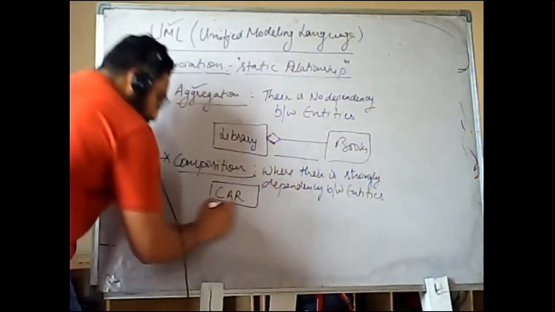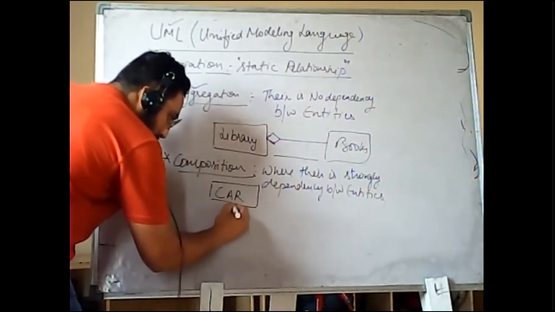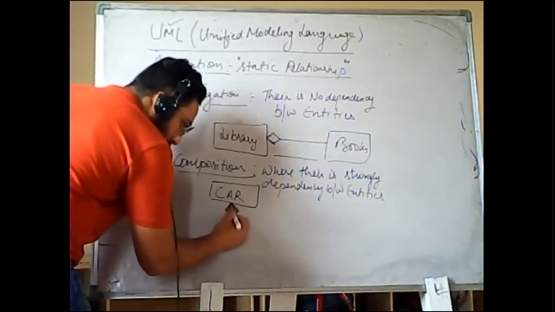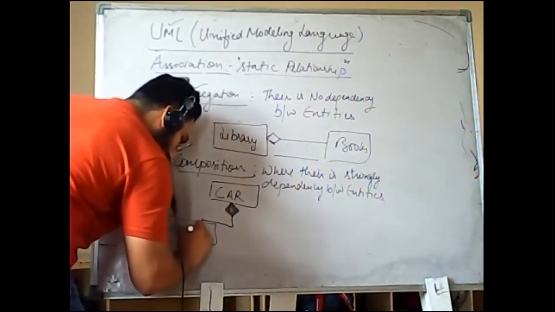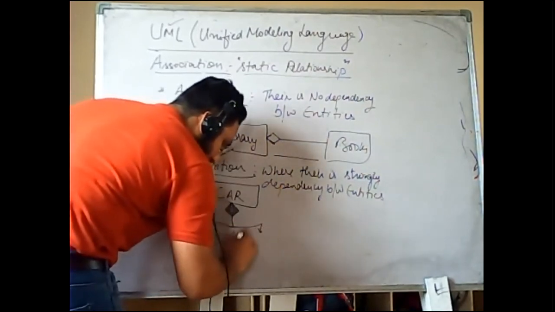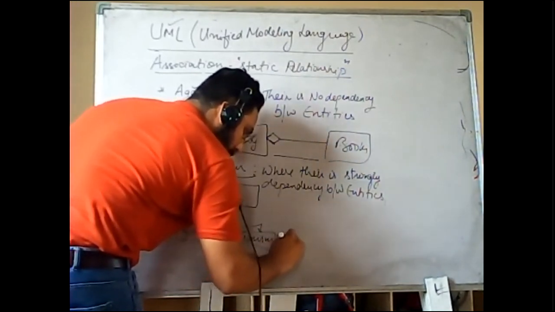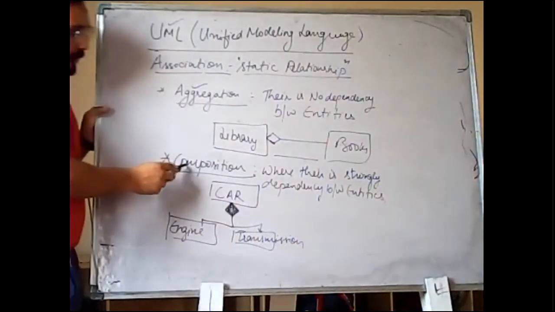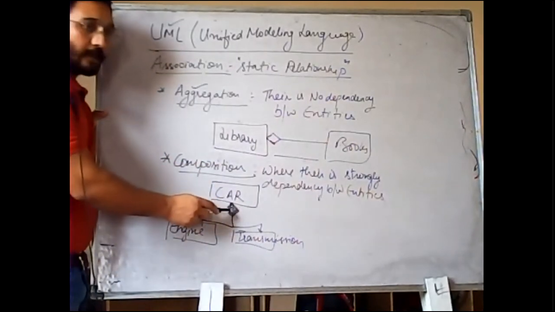Car is the first entity. It has a strong dependency on engine and transmission. This is used for the composition relationship, and it is a filled diamond.